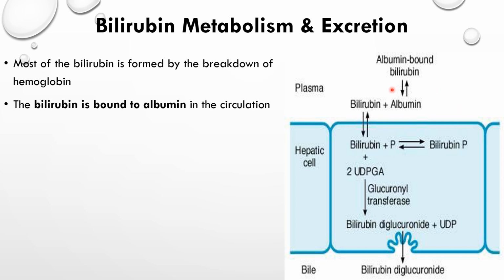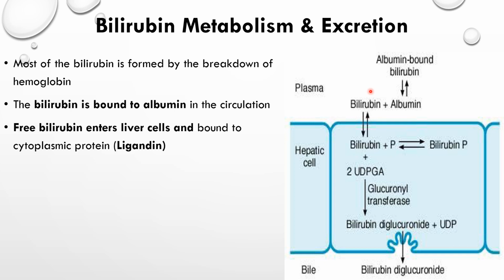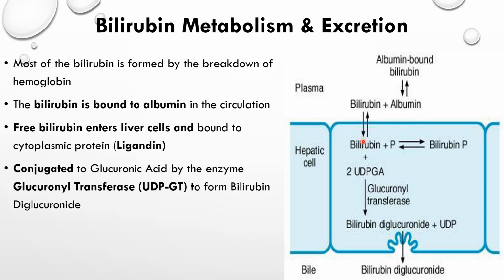Bilirubin is bound to the albumin in the circulation, and free bilirubin enters the liver cell, the hepatocytes, is bound to the cytoplasmic protein ligand, and gets conjugated with glucuronic acid by the enzyme glucuronyl transferase to form bilirubin diglucuronide.